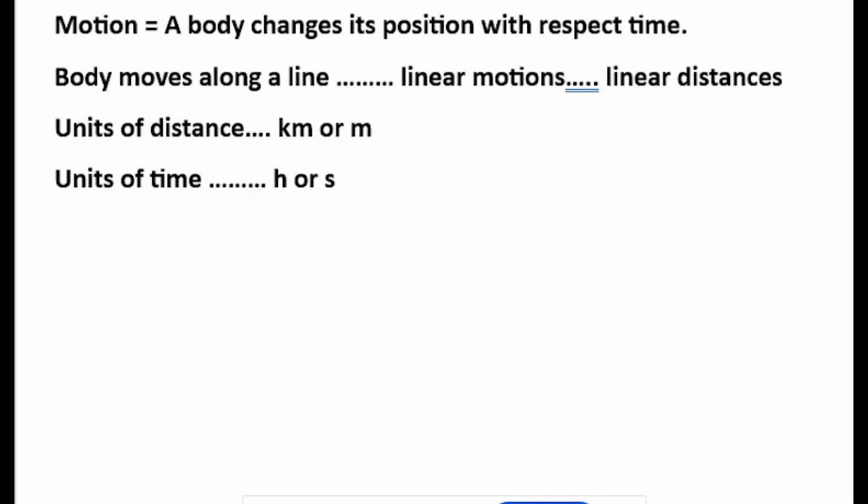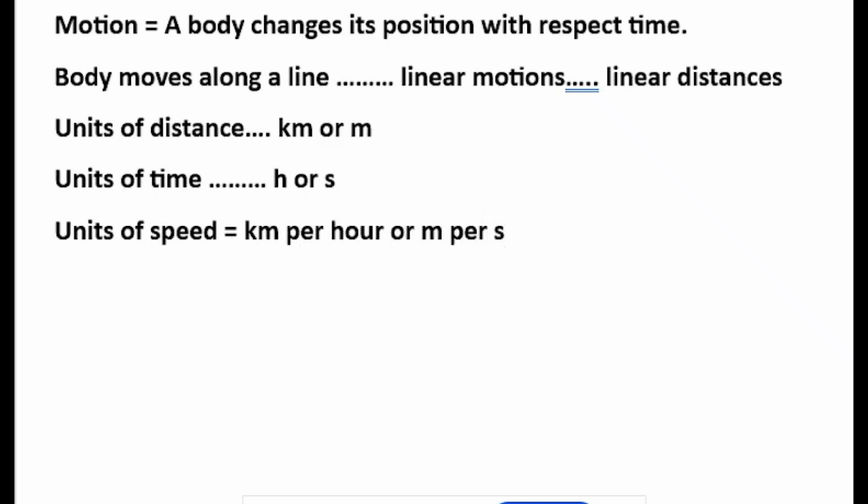I mean, actually it can be minutes, but we will be converting to hour or second, and kilometers or meters. And units of speed will be either kilometer per hour or meters per second. So the correct way of writing will be actually m space s power -1.